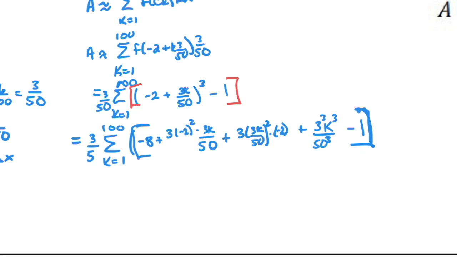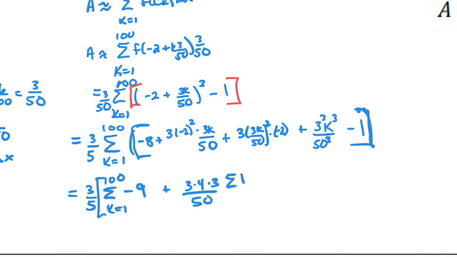Let's do this. So this is now the 3 over 50 sum, k equals 1 to 100. Let's call that -9. Put those together. Plus, then we will have our 3 times 4 times 3 over 50, the sum of k. Notice once again that I am rewriting the problem so that the summation notation is one of our 4 known pieces.